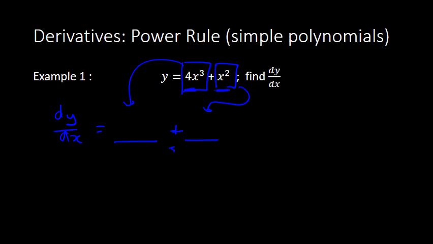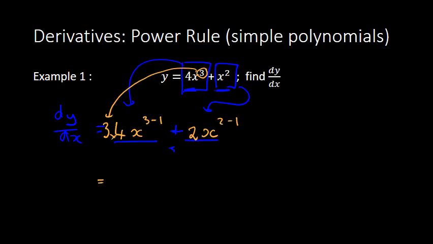Now to do this, we need to really remember that we're going to have a 4 and an x, and we're going to be bringing the old power right down the front. 3 times 4 will be out front, and we subtract 1 from the old power, 3 minus 1. So in here for the x squared, we'll be bringing the 2 down the front, x, and we take 1 off the power.